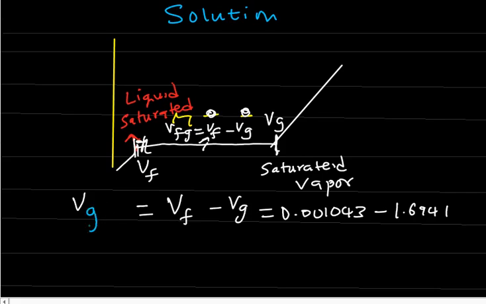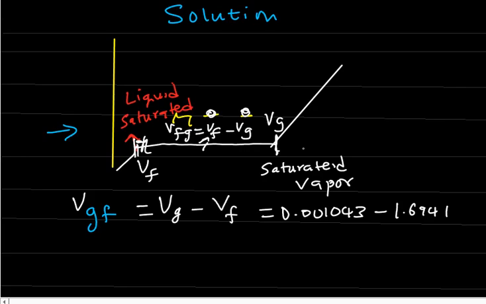So I have to turn it around. If what you have is more of a saturated liquid, I would have done Vfg, but this is saturated vapor. The liquid at that pressure is less than the vapor, so invariably it should be Vg minus Vf.